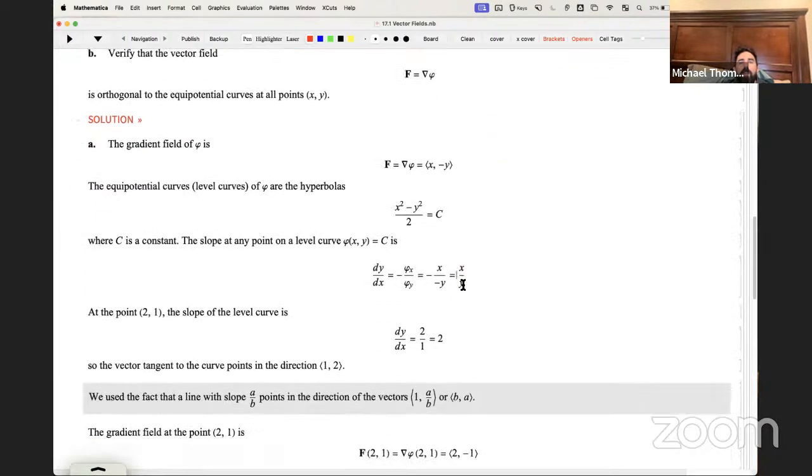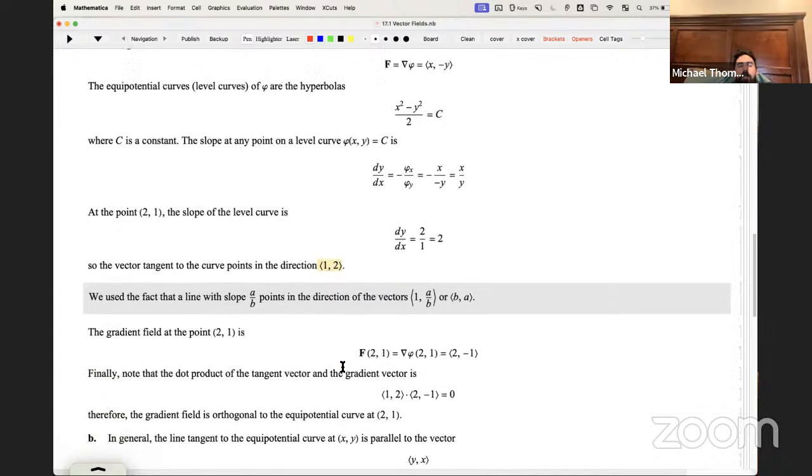So we've got the slope everywhere. If we plug in (2, 1), we'll find the slope of the equipotential curve at that point. Basically the tangent vector at that point, a slope of 2 means you're going to go up 2 to the right 1. So the vector associated with that would be that vector there.